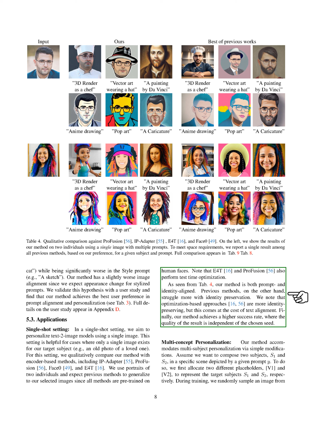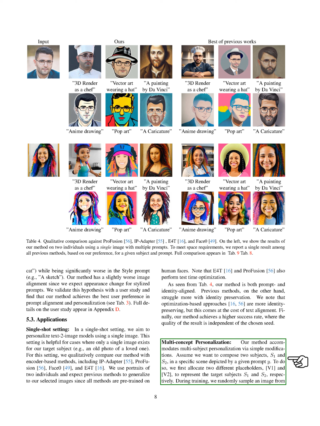Moving on to multi-concept personalization, our method can handle personalization involving multiple subjects with just a few tweaks. Let's say we want to combine 2 subjects, which we'll call S1 and S2, in a specific scene described by a given prompt Y. We start by assigning 2 different placeholders, V1 and V2, to represent our target subjects S1 and S2.